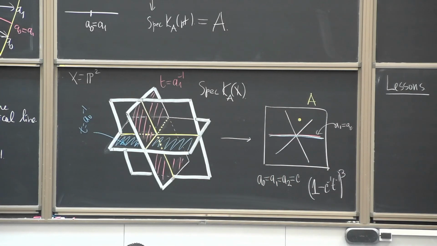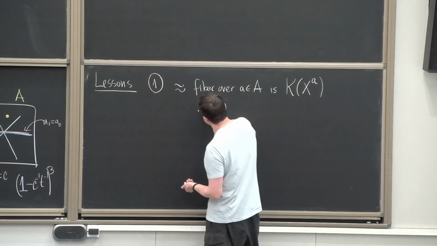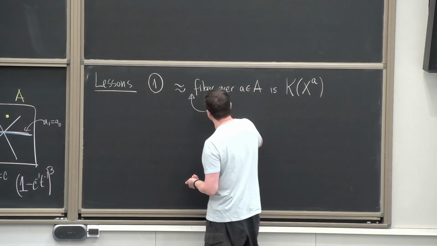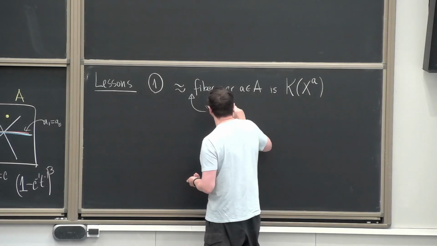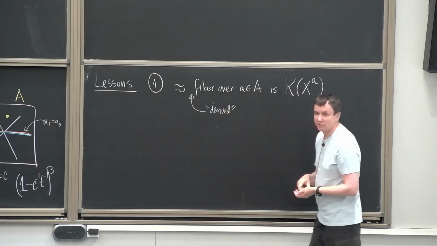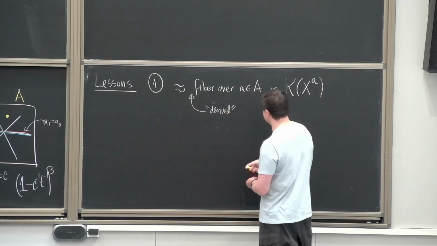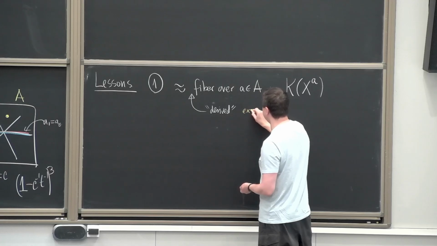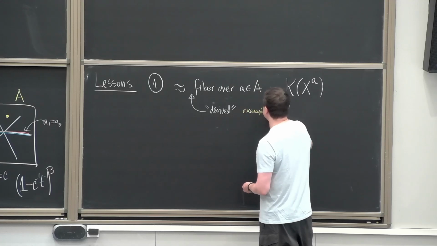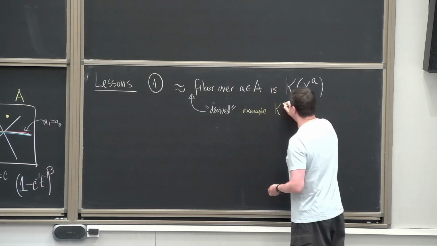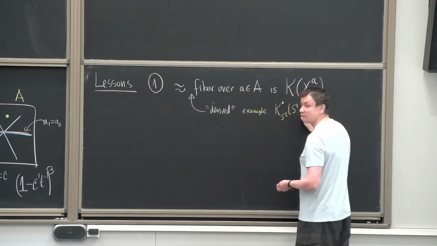But to be exactly right, there's some kind of derived thing that needs to be done. And if you want to do an example, a very good example to study is the S1 equivariant K theory of S1 itself.